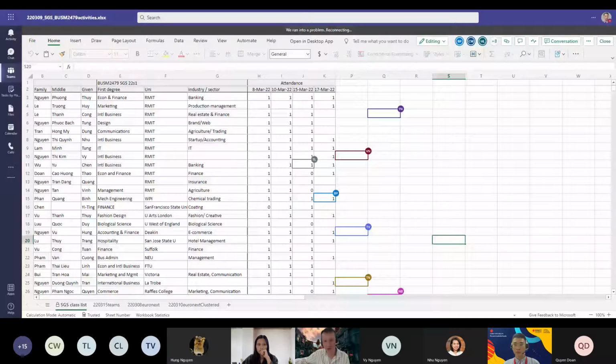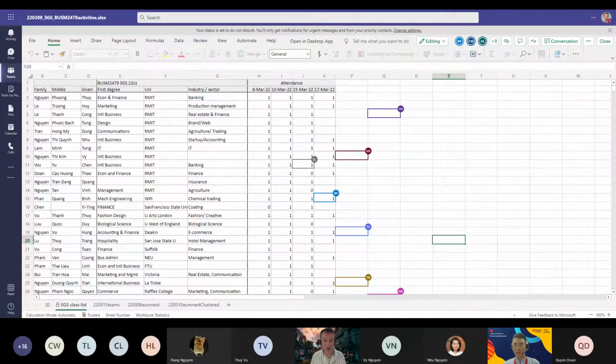So your RMIT Google Drive is probably the easiest one, but if you don't want to use that, you can use a personal account and get into Google Drive for your personal account. So we want to have either a Google Drive through RMIT or a Google Drive through your personal account.